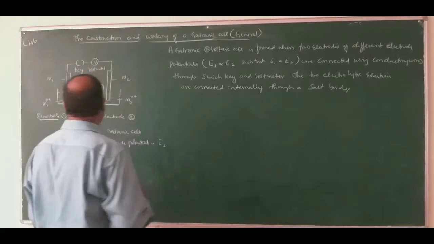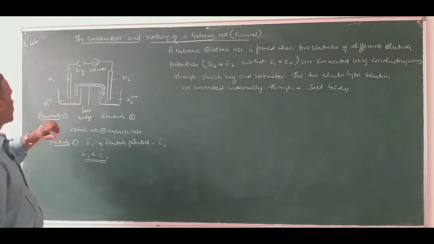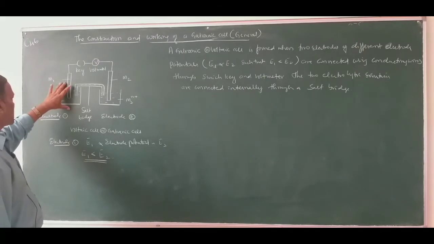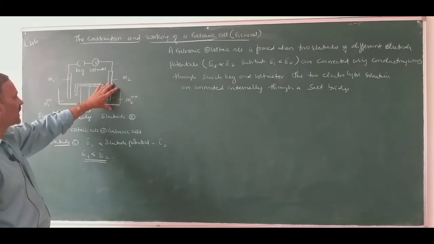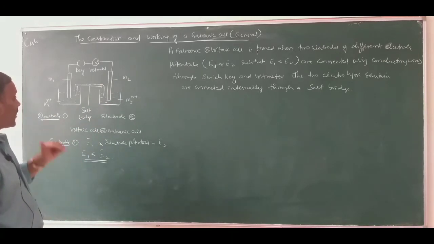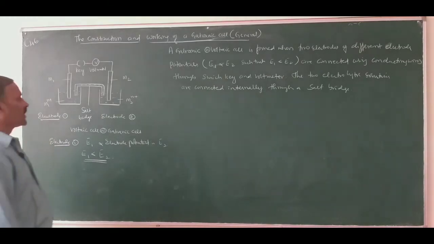So next, what happens when the key is open? Oxidation takes place at one electrode and reduction takes place at another electrode. Where does the oxidation take place? Oxidation takes place at the electrode whose electrode potential is less, and reduction takes place where the electrode potential is high.